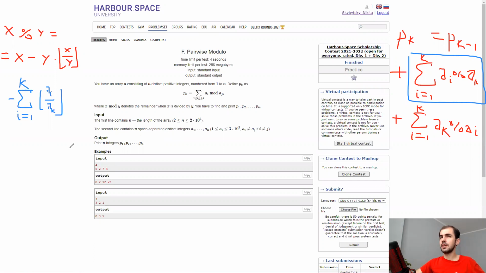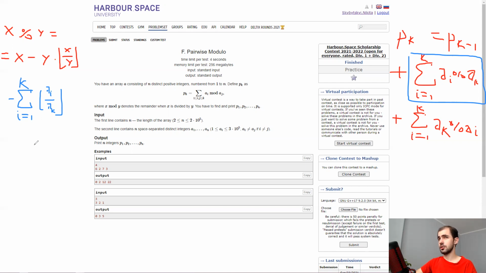It appears to me that here we want to group elements by what the ratio is, because many numbers will have the same integer part when divided by something, right? Approximately AK numbers. Because AK are distinct numbers, on average they will be like n over 2 at least.